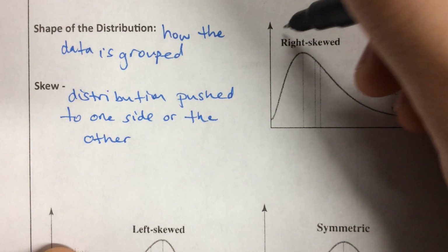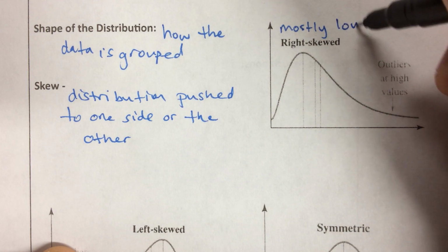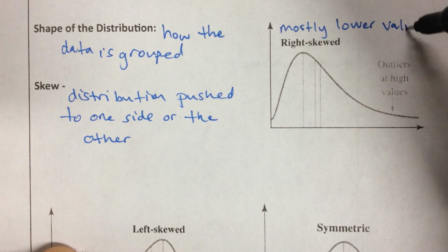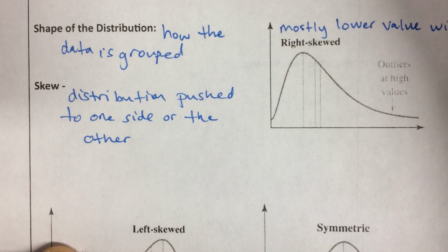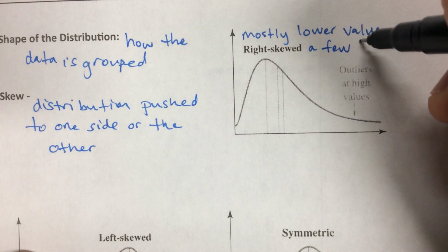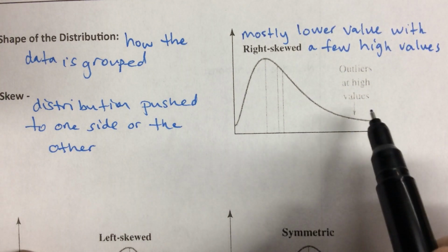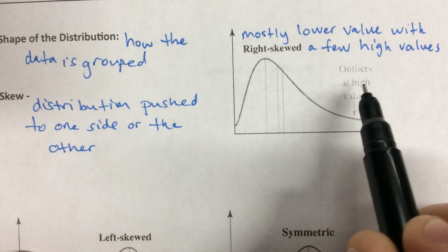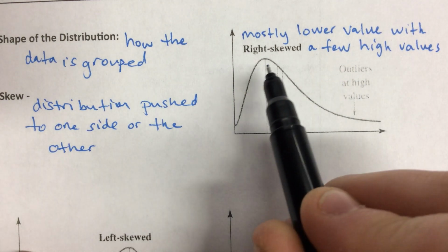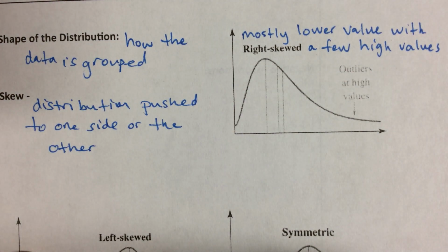Okay, so right skewed has mostly lower values with a few high values. Okay, so notice there's a note here that says outliers are at high values.